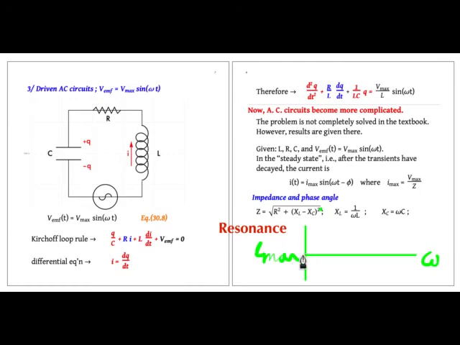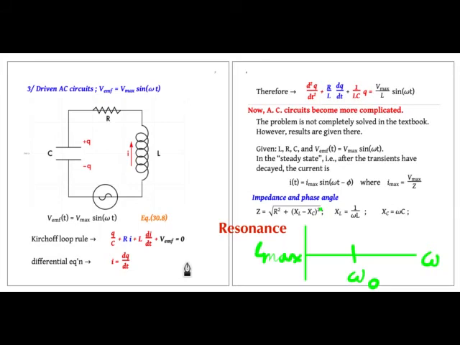Now the driving frequency is not necessarily equal to, and in general would not be equal to, the natural frequency. So let's suppose on the frequency axis we put about here the natural frequency. That's omega 0. That's 1 over the square root of LC.